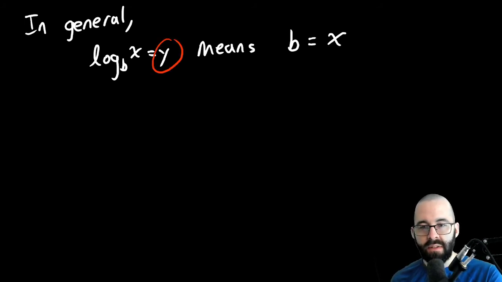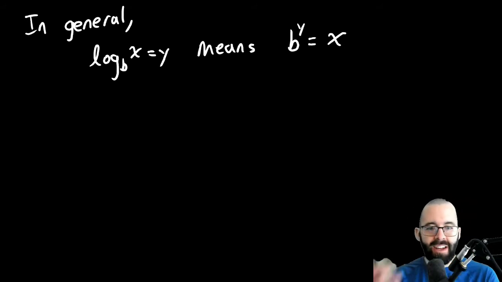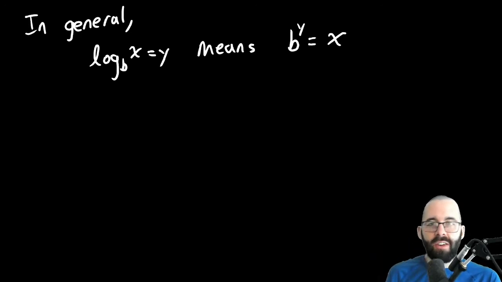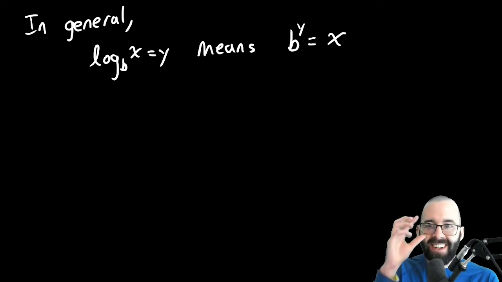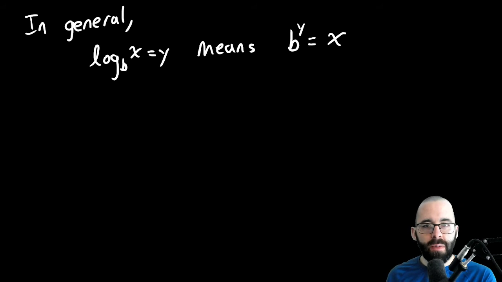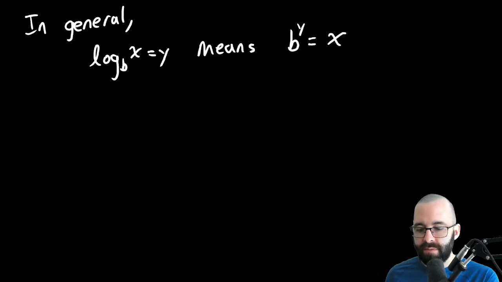And the output of the logarithm becomes the input of the exponential. Inverses were all about switching inputs and outputs. So the logarithm is just the inverse of the exponential. We're at like 3 at least out of the 50 that I'm going to try to say. So these are equivalent. These mean the same exact thing. So if you're wondering what a logarithm is, this is what a logarithm is. It's just another way of writing an exponential equation.